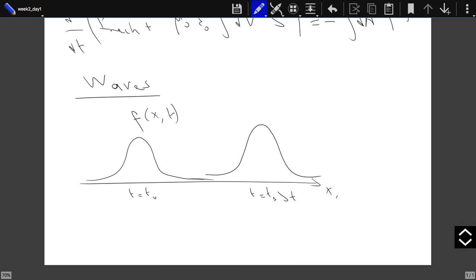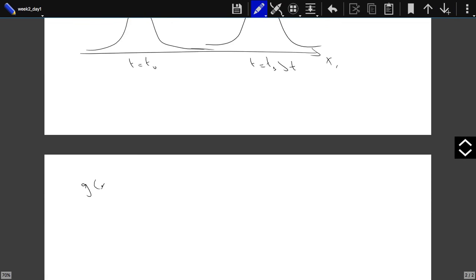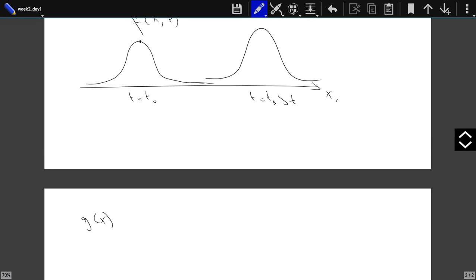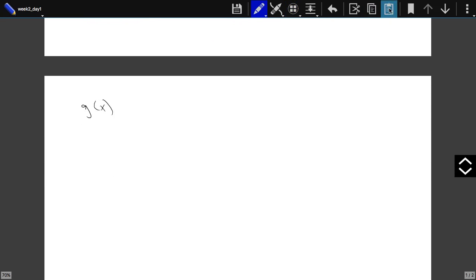So let's see. Let's just call the peak point. Let's just define a function g of x. So this is our g of x.